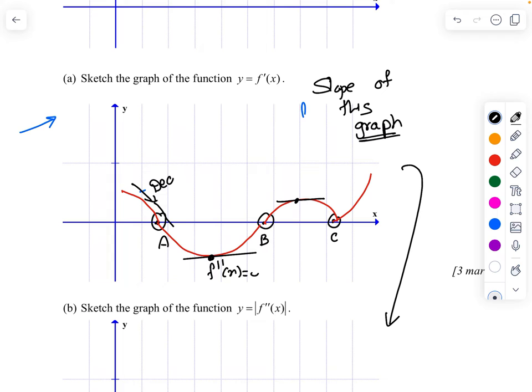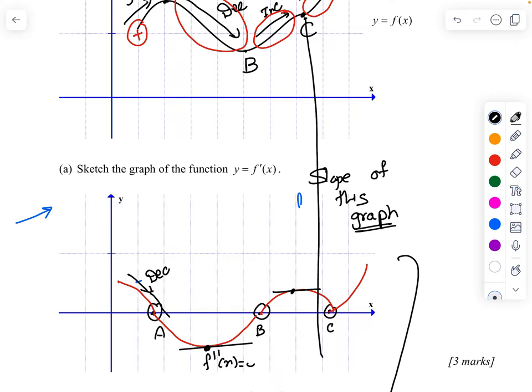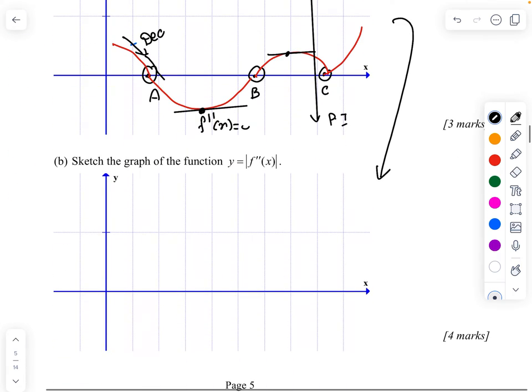And we know that at a point of inflection, at point C also, the second derivative will be equal to 0. This will be our point of inflection. That is also equal to 0. So I get 0 over here, 0 over there, and very close by, these are the points of inflection where the second derivatives are 0.